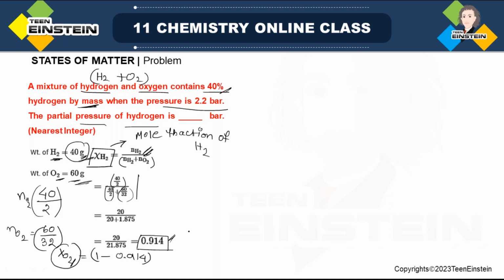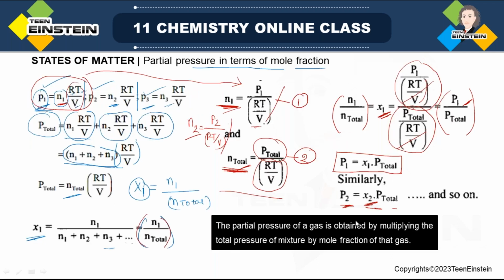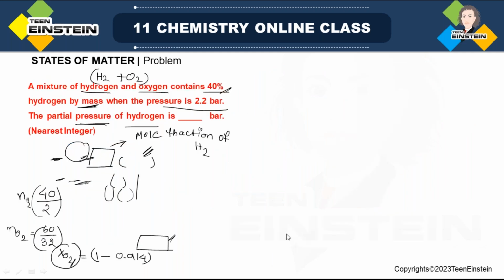Once we have reached the mole fraction of H2, next we have to find out the partial pressure. Now it is very simple. Remember in the previous slide what we have obtained, the final equation: partial pressure of a gas is obtained if you multiply the total pressure with its mole fraction. So you know the total pressure, which is already given in the question, 2.2.